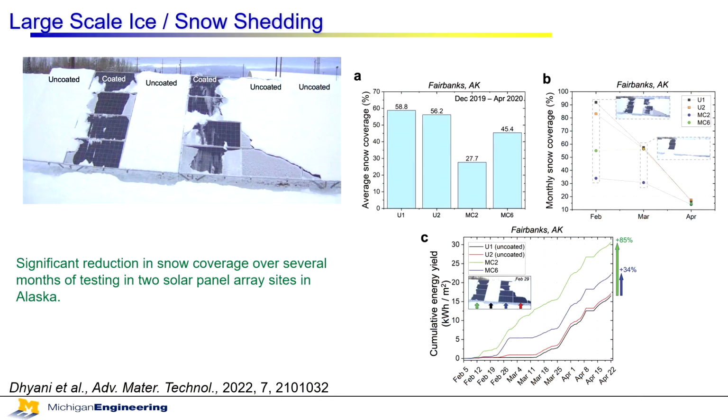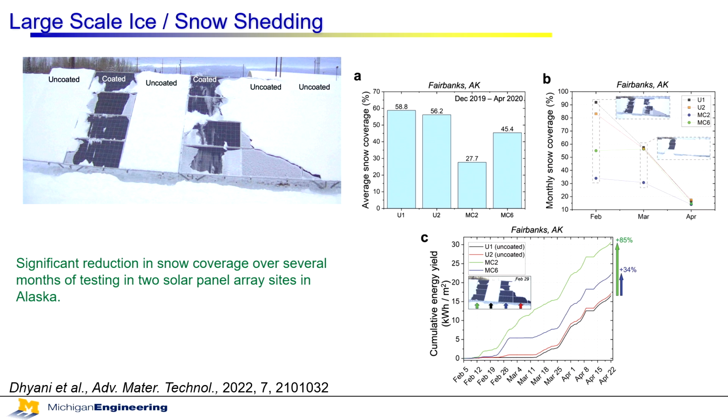So this is some of the work we did with Sandia National Lab on a DOE-funded project, where we had these soft and thin PDMS and PVC-based coatings that we put out on photovoltaic cells in Alaska for 6 months, right? Of course, if any of you have solar cells around here, during the winter, you're not producing anything, because A, there's not enough sun typically, but B, a big challenge is even if there is sun, your solar panels are covered with snow and ice, right?